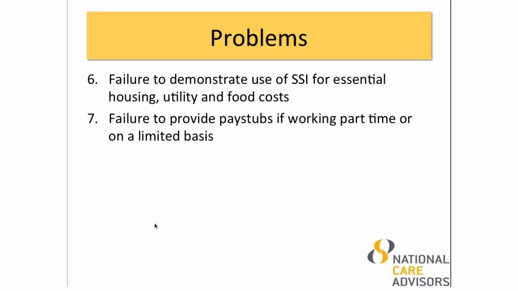They're not making a lot of money, but they are working. Those pay stubs have to be submitted, or Social Security will err on the side of cutting the benefit. They'll assume you're making more than you really are. So it's really important to provide those pay stubs. A bit of a hassle, but it's worth it if you can still get your full Social Security benefit.